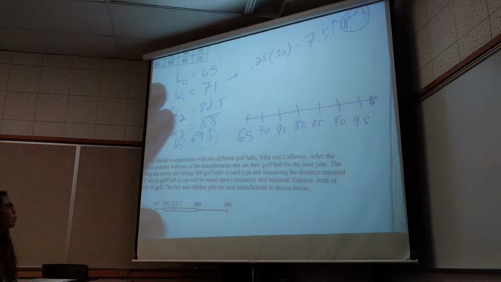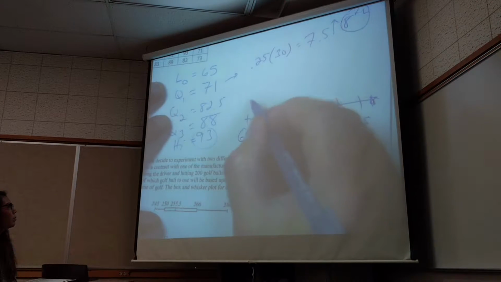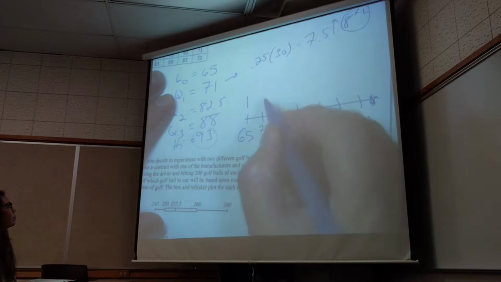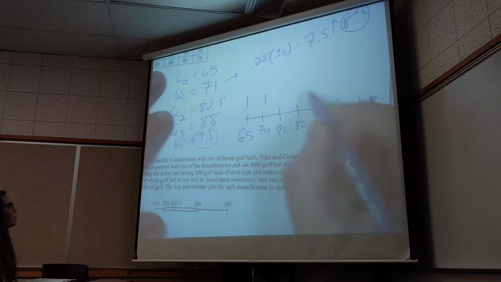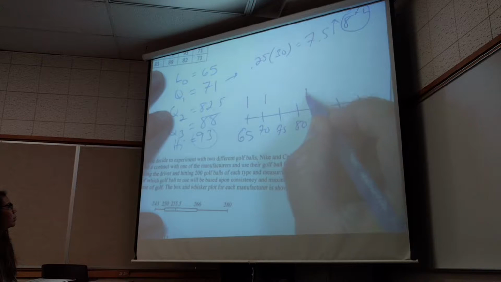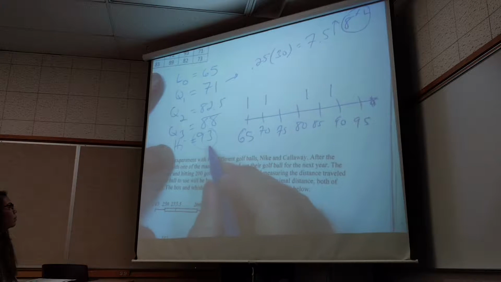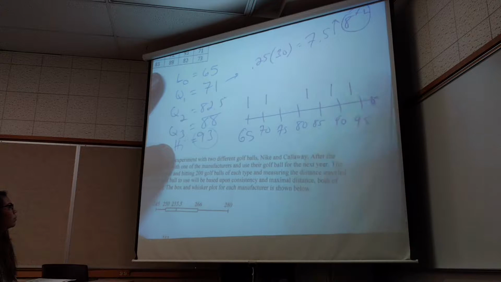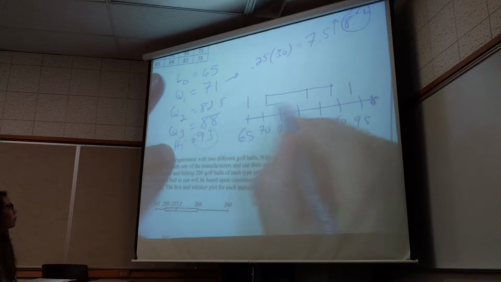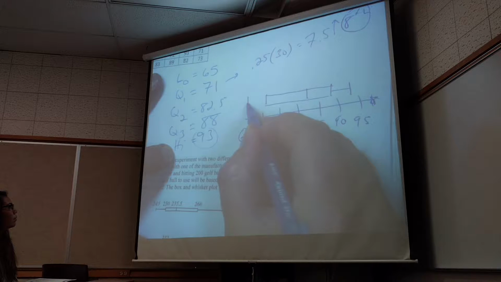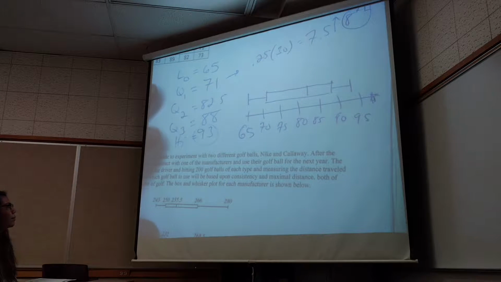And then you just find where those data points are. So the low is 65, Q1 is 71, Q2 is 82.5, Q3 is 88, the high is 93.